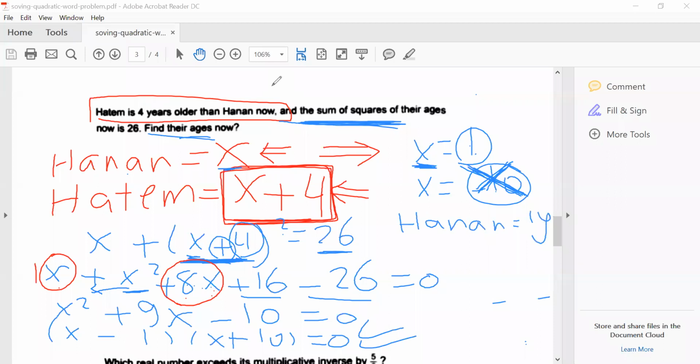What about Hatem? 5. Why 5? Because he is older than Hanan by 4. So I took Hanan as 1. I removed the x and put 1. 1 plus 4, 5 years. So Hanan is now 1 year old and Hatem is 5 years old.